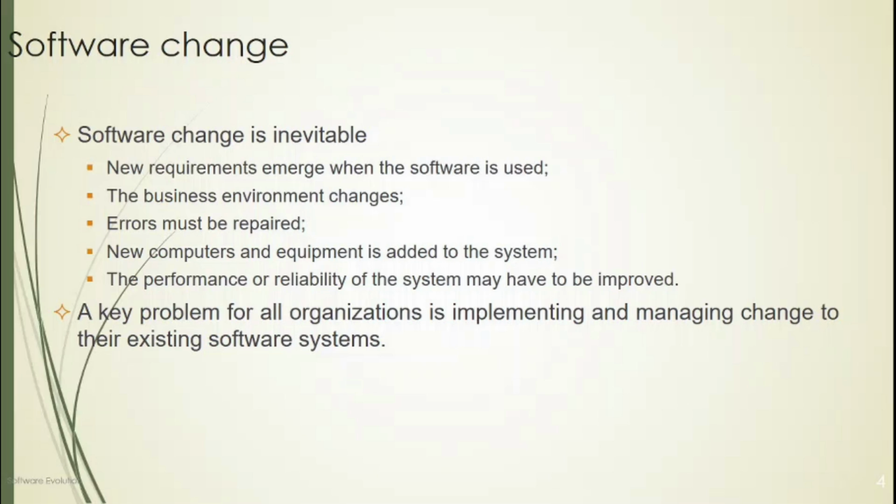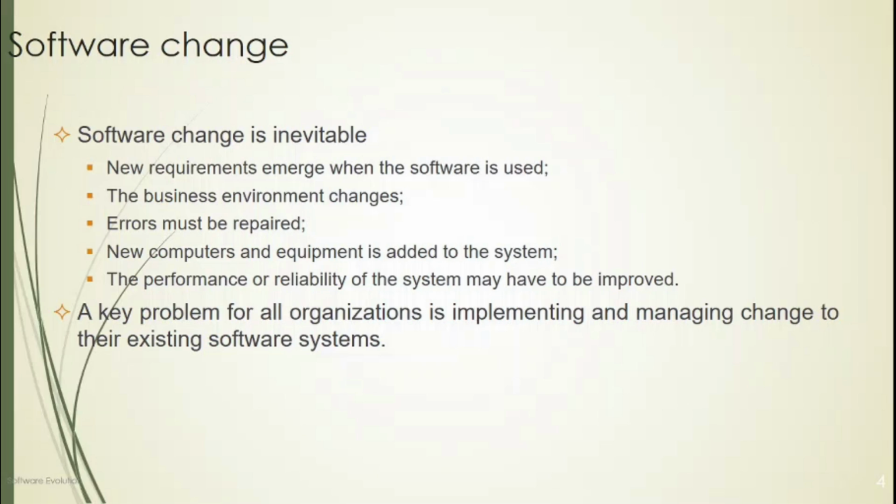In the same way, the end user or the client requires changes in the software, so the software engineers have to take care of the product they developed. Whenever it is required, the changes have to be made according to the business changes. Errors must be repaired during the execution or use of the software.